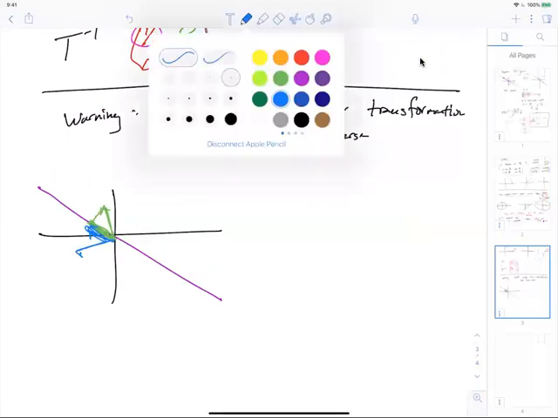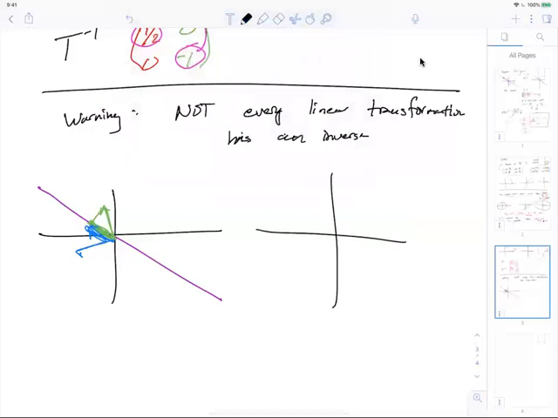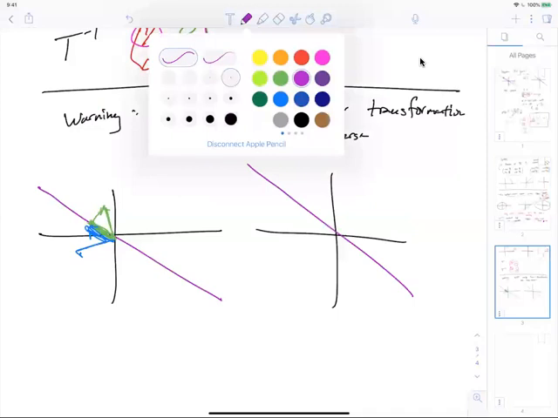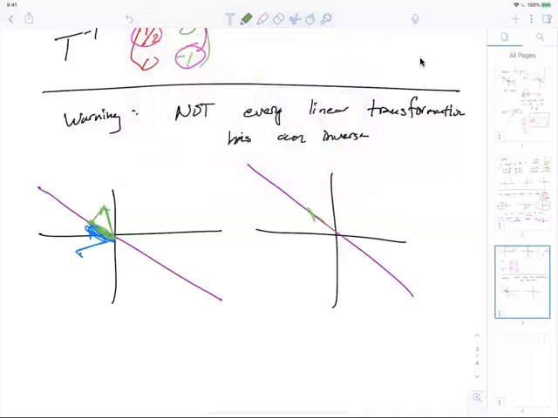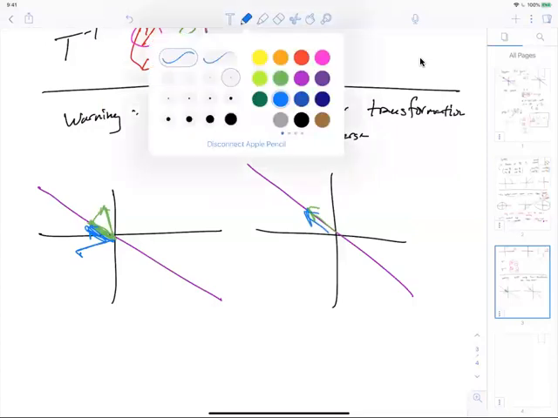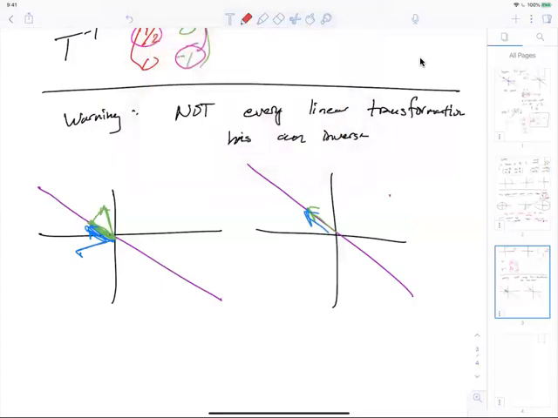So now, since everything lives on the same line, I can't undo it. I don't know when I'm at that exact spot. If I end up with this vector, I don't know if I started with the red, the green one, or the blue one. Which one did I start with? So this means we can't undo this. So this is not invertible.